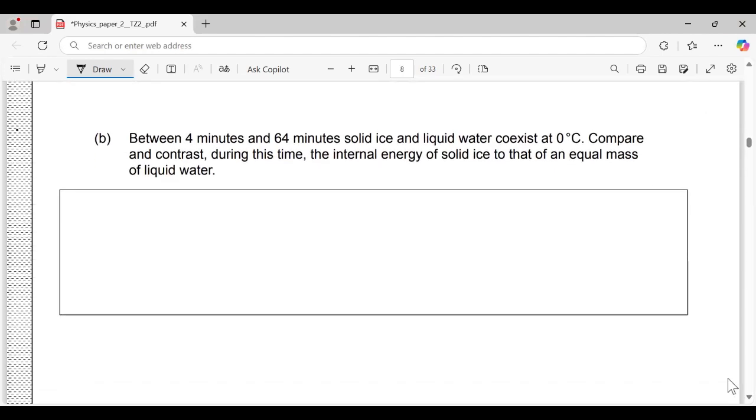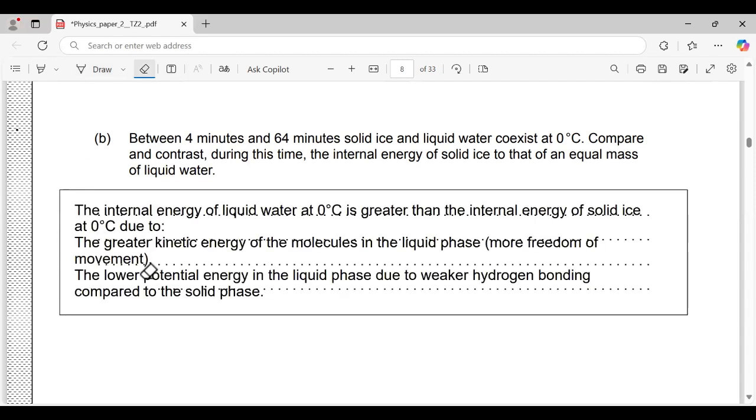Next, between 4 minutes and 64 minutes, solid ice and liquid water coexist at 0 degrees Celsius. Compare and contrast, during this time, the internal energy of solid ice to that of an equal mass of liquid water. I have provided my explanation about it.